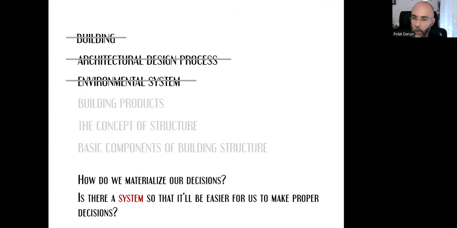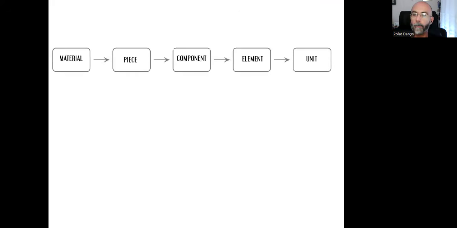So how can we do that? We need to examine the building products. Because the building is a very complicated, complex system, there are lots of different parts, and some of them are big, some of them are hidden under certain things.